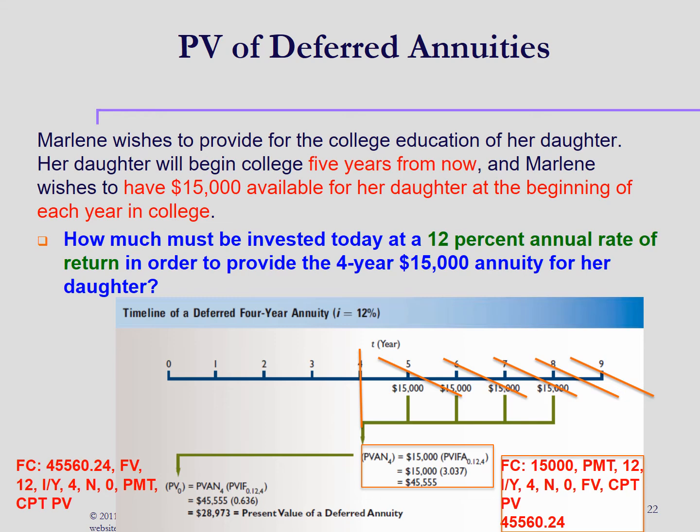Our problem then becomes one future value at the end of year 4, and we want to find out the present value given the interest rate of 12%. Here we show how to use the table and financial calculator to obtain the result.